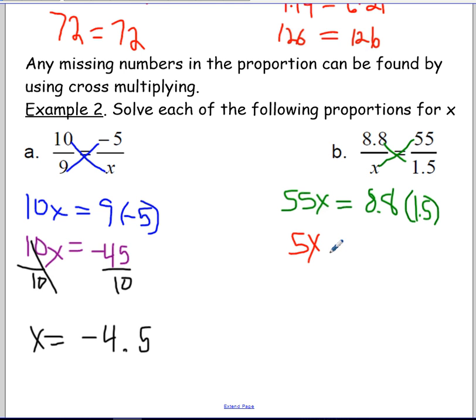So 5.5 times x should equal the same amount as 13.2. And then when we divide the coefficient of x to get it by itself, we'll divide both sides by 5.5. We see that the x value needs to equal 2.4.